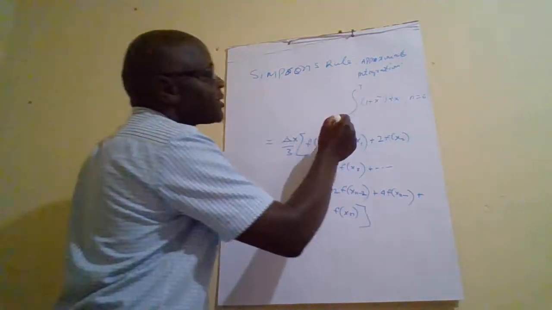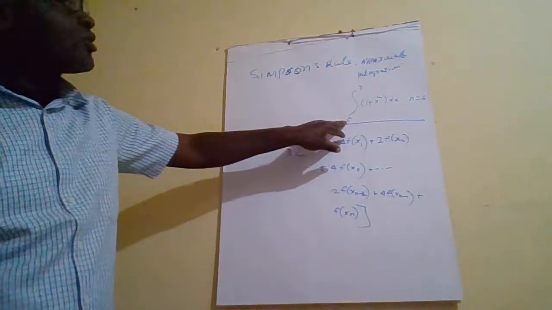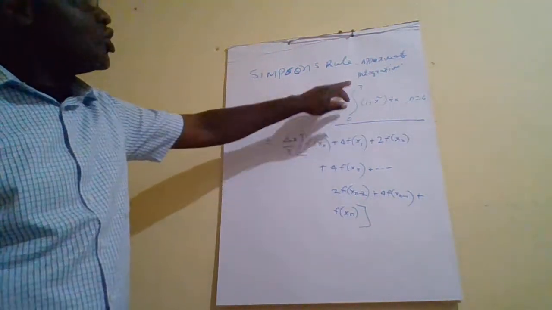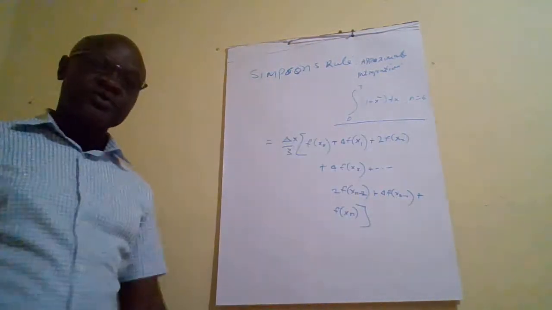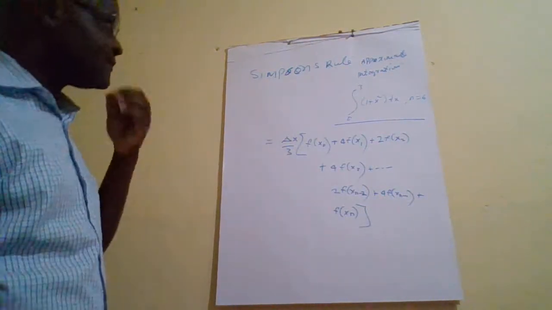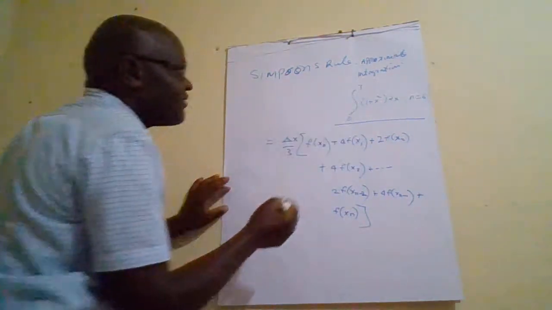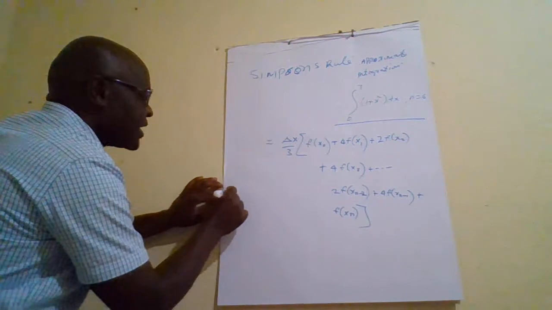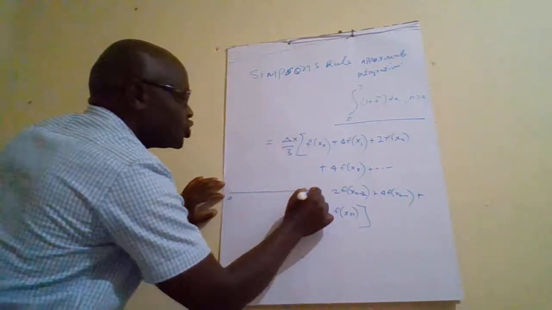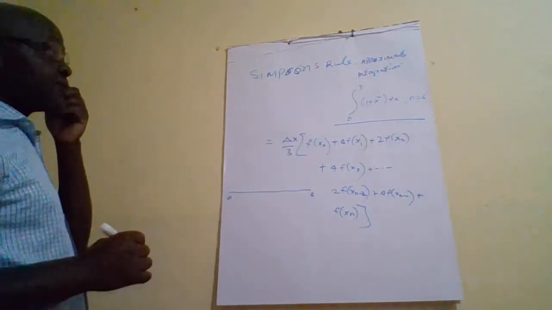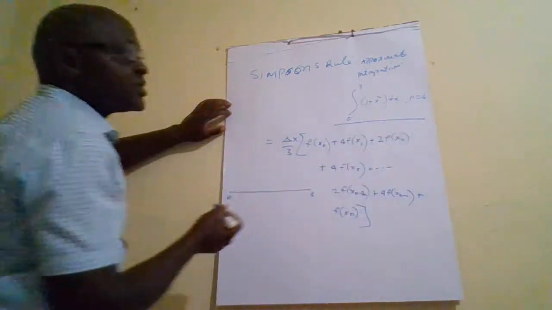Now I want us to apply the Simpson rule to get the integral from 0 to 3 of 1 plus x squared dx, n equals 6. From the given equation, we are integrating from 0 to 3, and n equals 6.